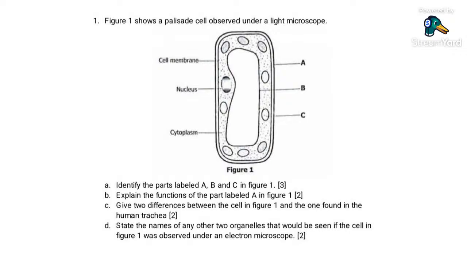Then question C. Give two differences between the cell in figure 1 and the one found in the human trachea. Yes. So what are the differences between this cell and the one found in the human trachea? In other words, what are the differences between an animal cell and a plant cell?